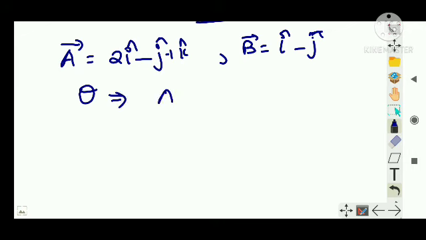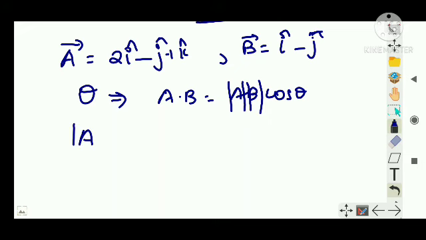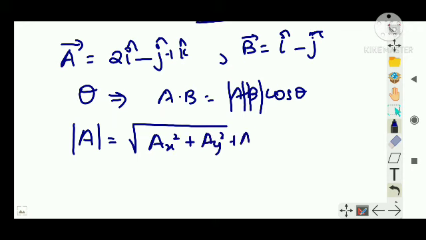See, you know A dot B is equal to AB cos theta, right? That is, this A is magnitude of A, this B is magnitude of B. So let's find what is magnitude of A. Magnitude of A is ax squared plus ay squared plus az squared. Remember, that is coordinate of x, coordinate of y, coordinate of z.